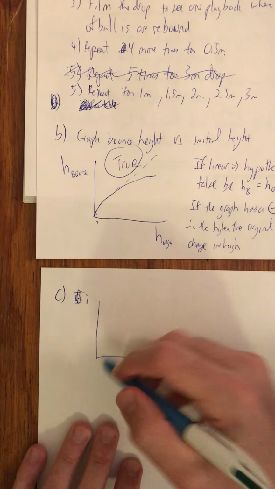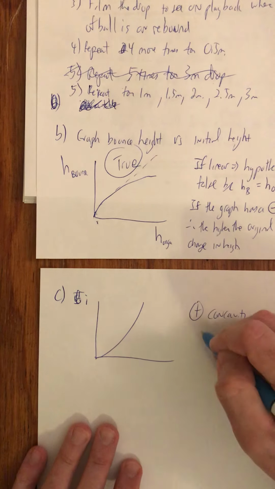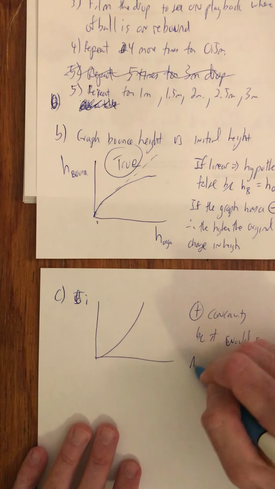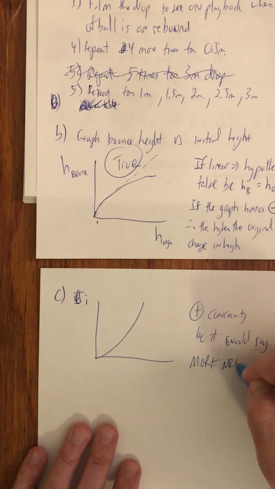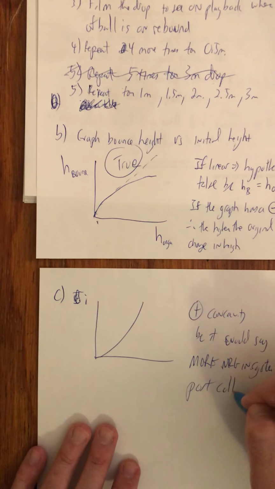Right, so that would actually be a positive concavity, because it would say more energy in the system post collision. So that would be dramatically wrong, yeah.